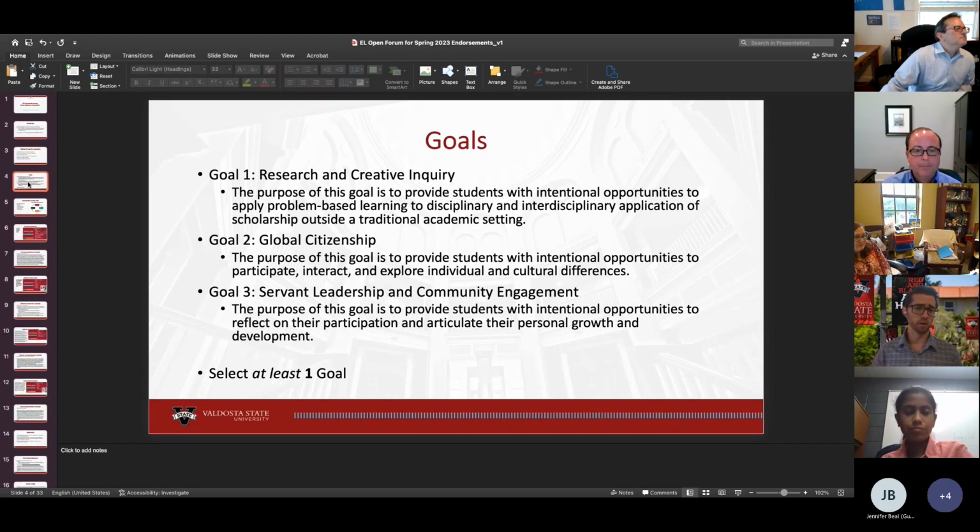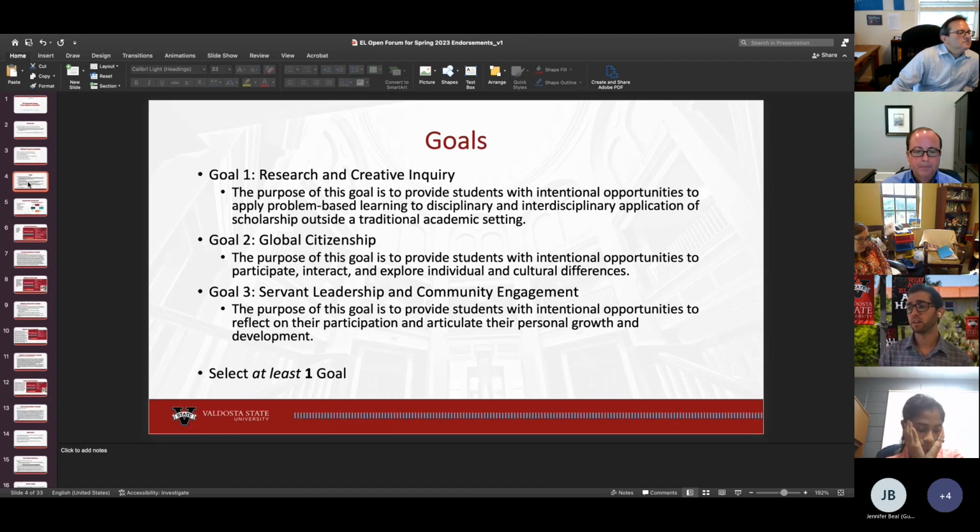A lot of folks are likely already doing some service-based learning in their courses. But again, the goal is to have at least one goal. Do not think that you have to have more than one. We're really focused on quality more than quantity when it comes to this experiential learning process.